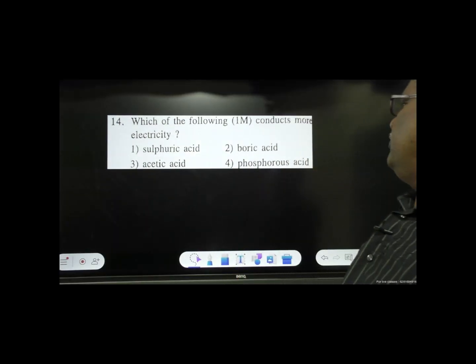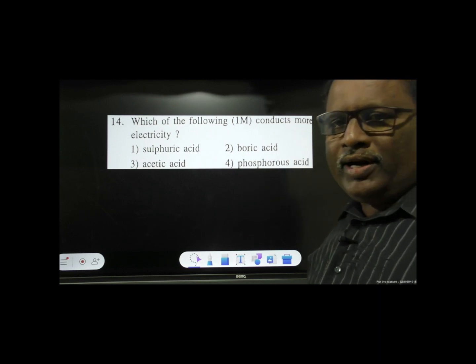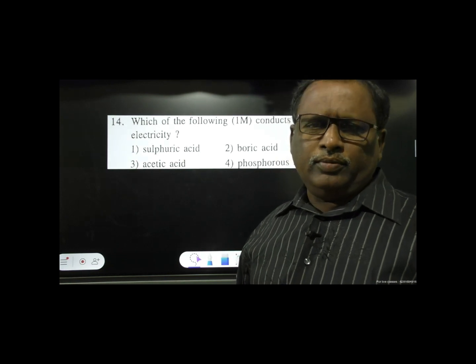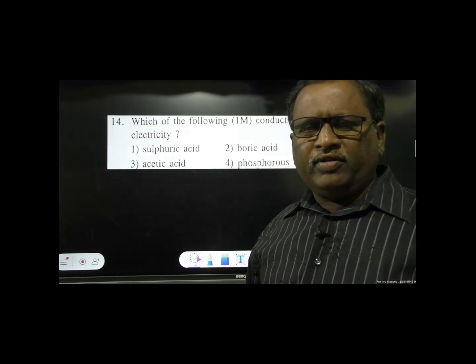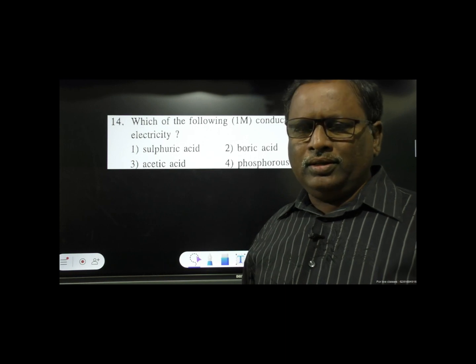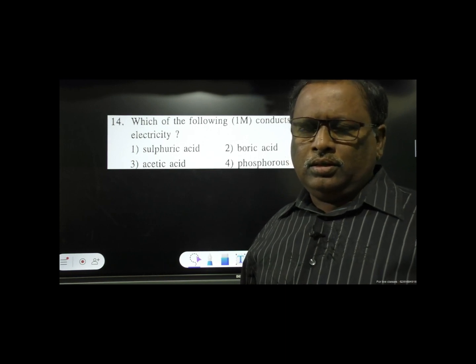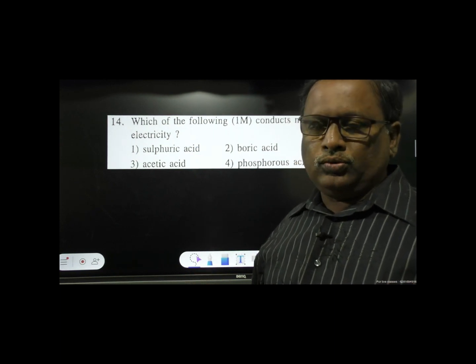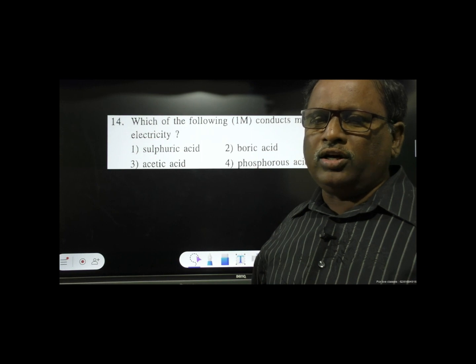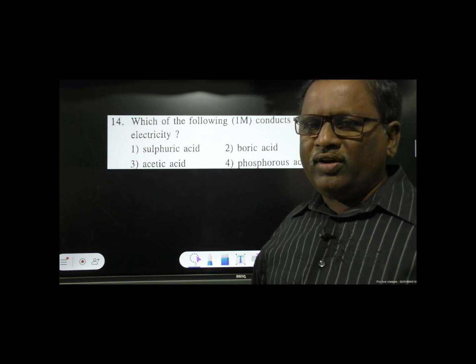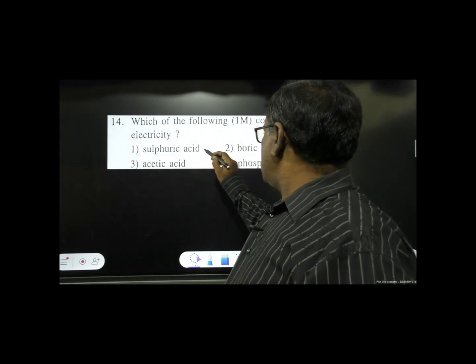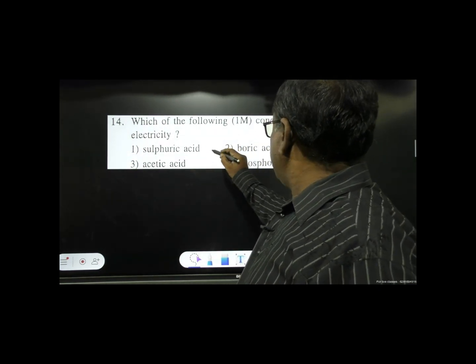More conductance is possible if more ions are available, and more ions are available when it is more diluted. So here it should be a strong electrolyte also. A strong electrolyte ionizes to a large extent and gives more ions. So here, sulfuric acid is a strong acid, so it will conduct more electricity.